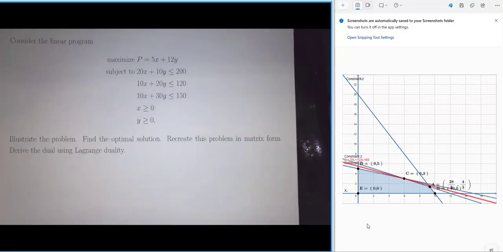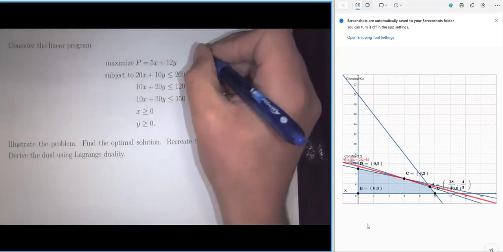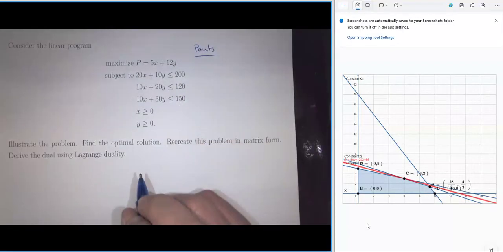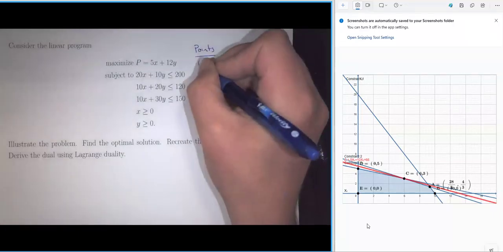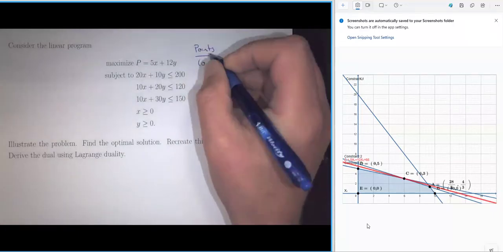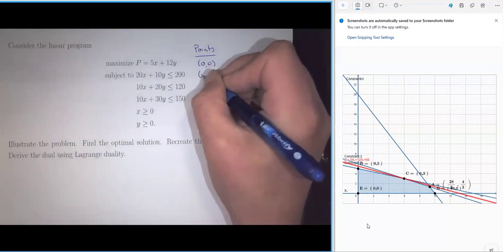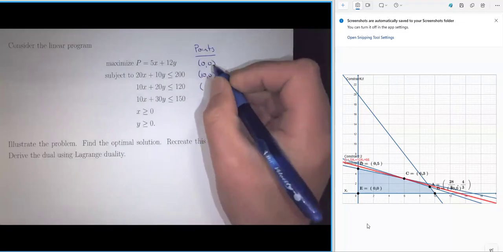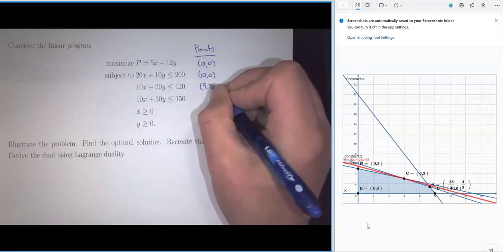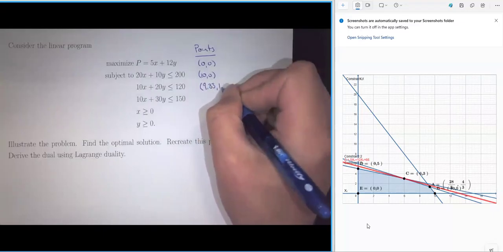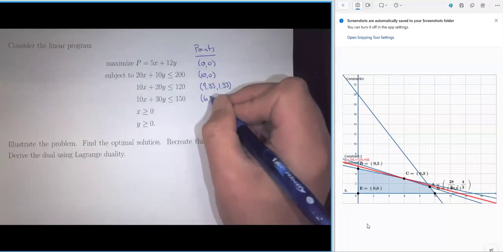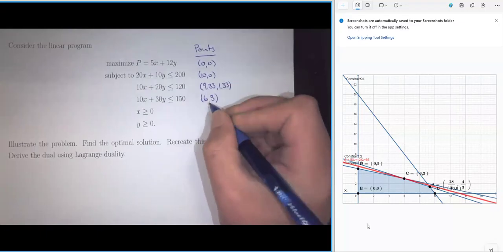So the feasible set has a number of points that we need to look at. The points that we need to look at are obviously the origin, (10, 0), (9.33, 1.33), (6, 3), and (0, 5).